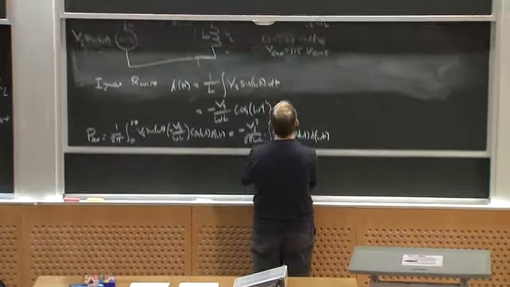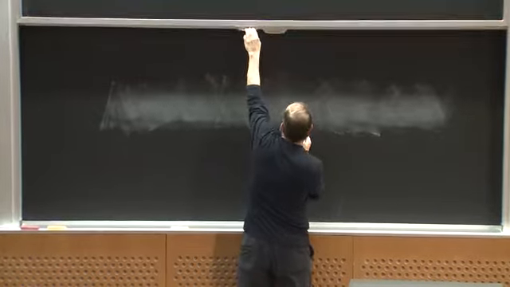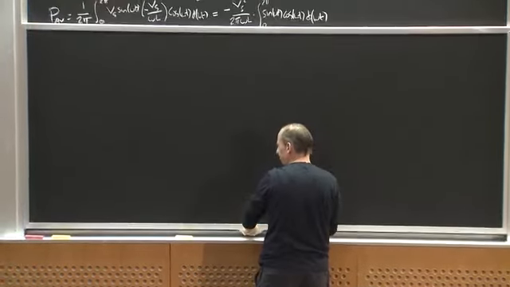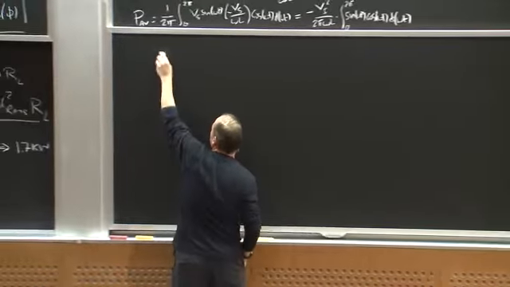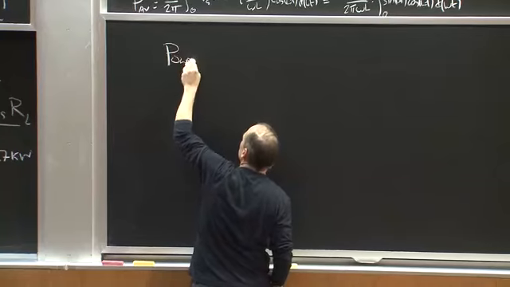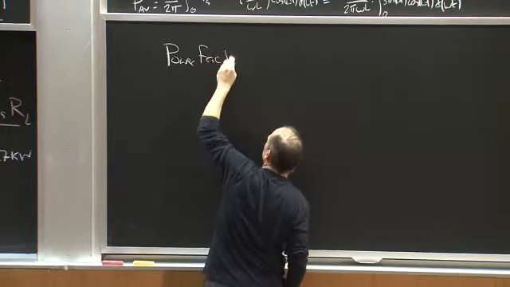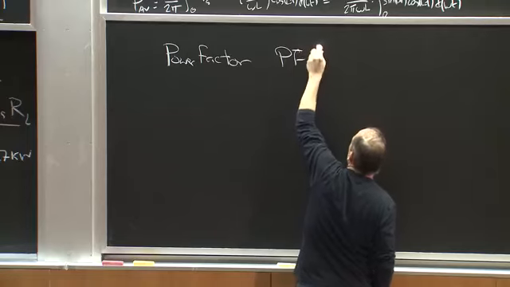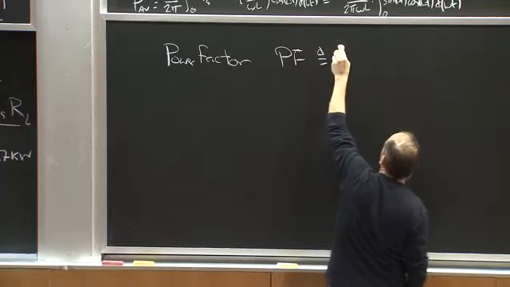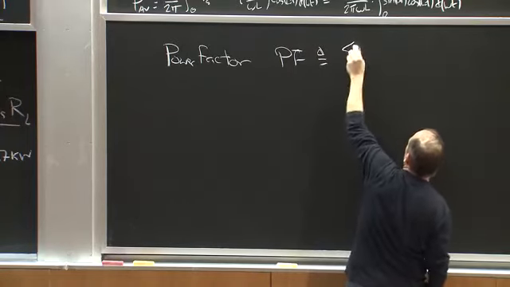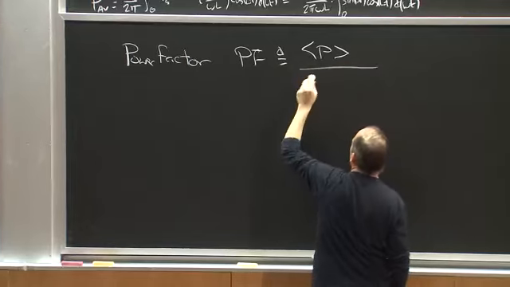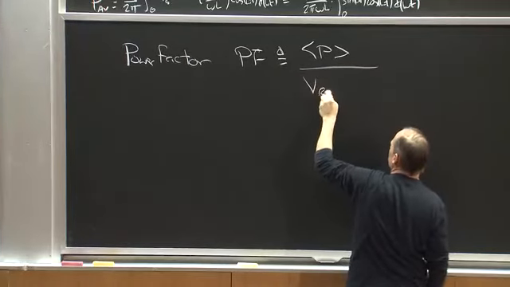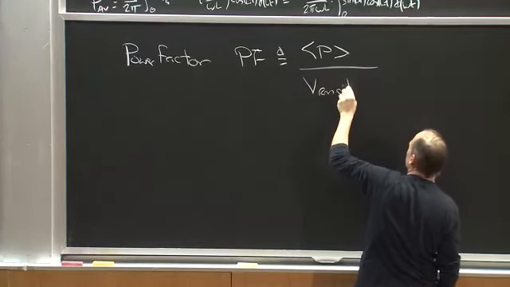And this measure is known as power factor, okay? So power factor is defined as follows. It's the average power you're drawing divided by the RMS voltage times the RMS current.